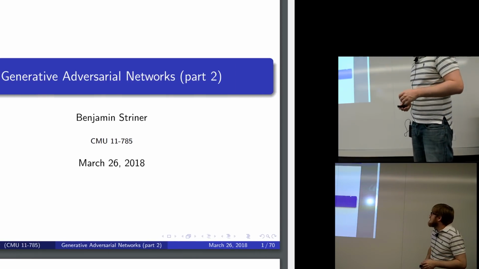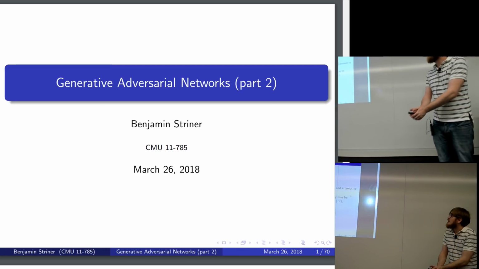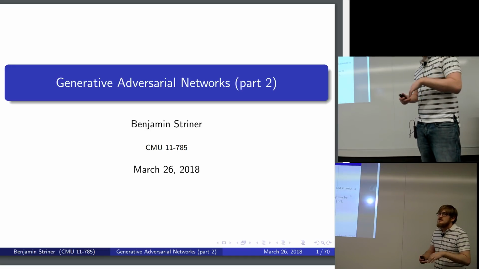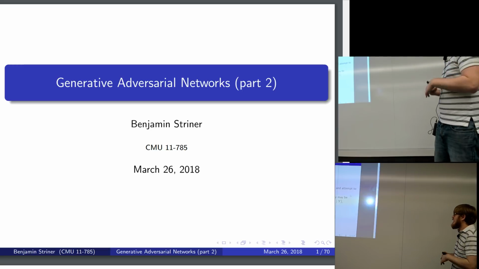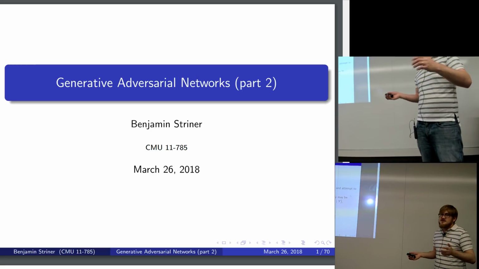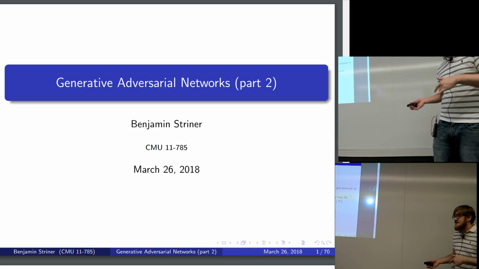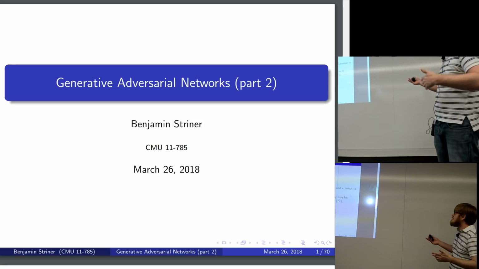So anyways, just a recap of what we did last week, an opportunity for any questions there. We started with the difference between generative and discriminative networks. Discriminative networks are the types of things you have been dealing with traditionally. You have some inputs like images or audio, and you have some labels like what class is it, what type of item is in this image, what's the phoneme, things like that.